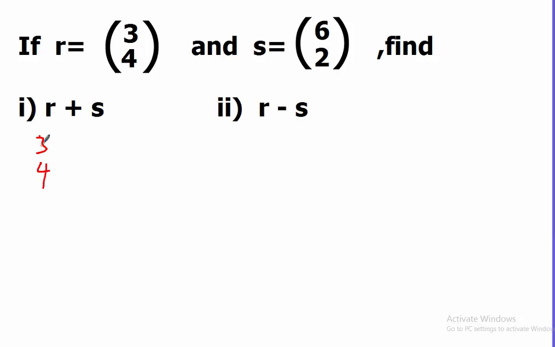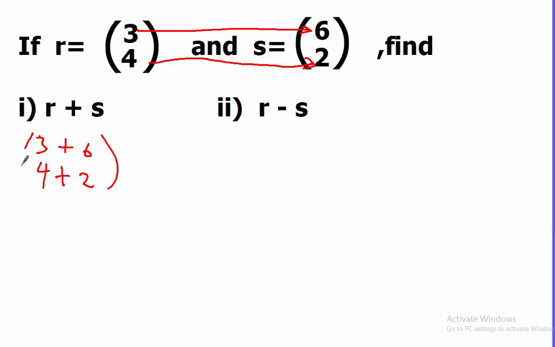This 3 is associated with the 6 because the 6 is also on the x coordinate. So check something: this 3 goes with the 6, while the 4 goes with the 2, because the 3 and 6 are the x coordinates, and 4 and 2 are the y coordinates. So let's add them.